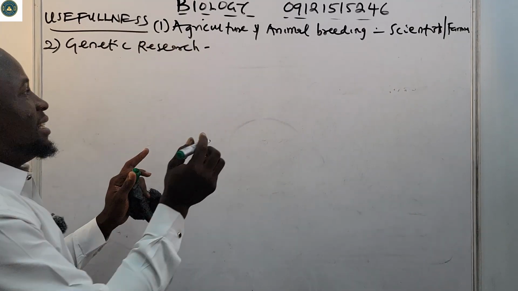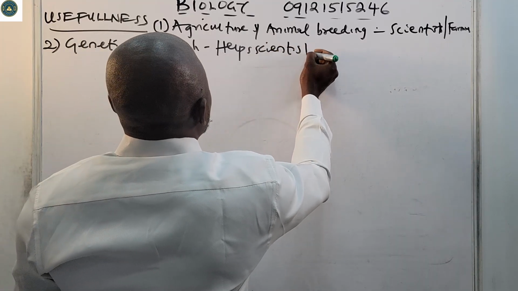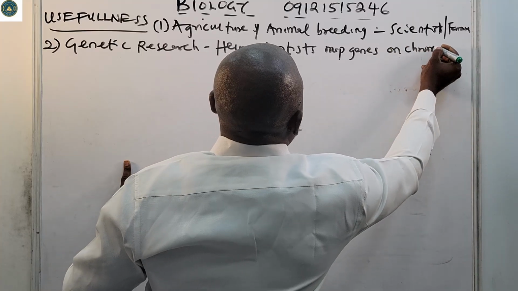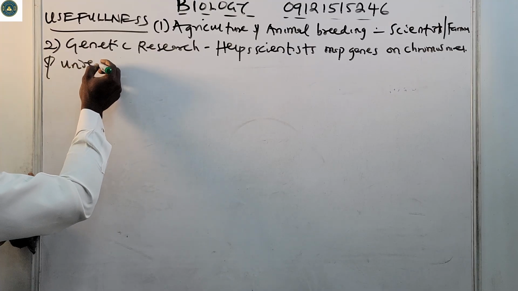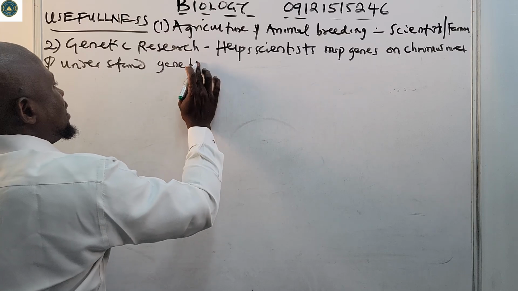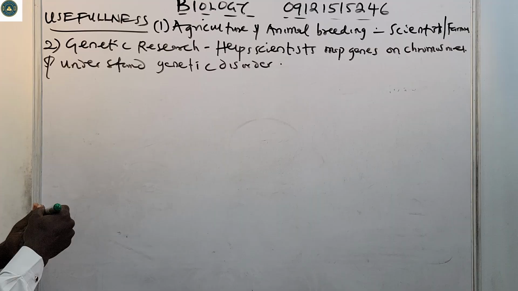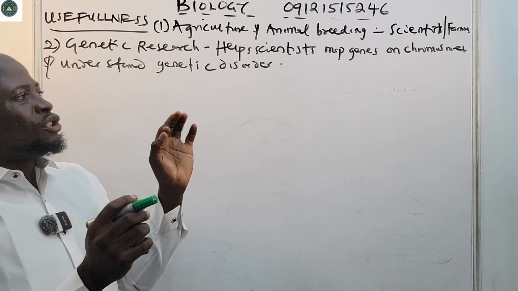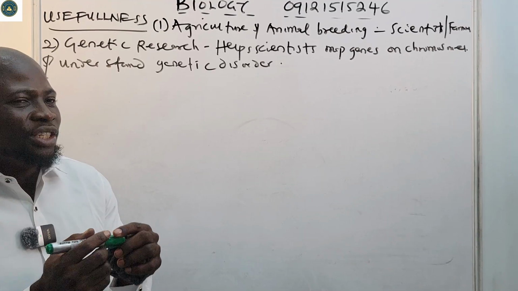This one helps scientists map genes on chromosomes and understand genetic disorders. So the law of independent assortment helps in genetic research. It helps scientists to map genes on chromosomes and understand several genetic disorders.